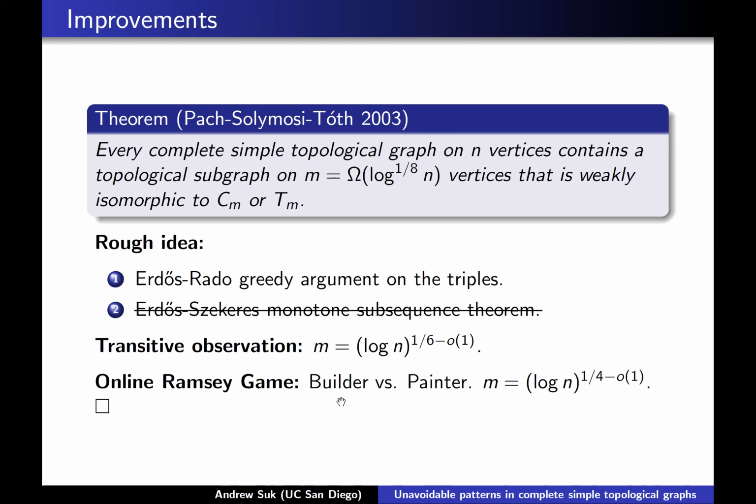I won't get into it, but in a nutshell, in this old argument you pigeonhole based on the number of edges and vertices in a complete graph, while here you only pigeonhole on a subgraph of that complete graph. So you pigeonhole less in the online Ramsey version, and because you pigeonhole less, you can do better. This is how we improve the bound further to log n to the 1/4.